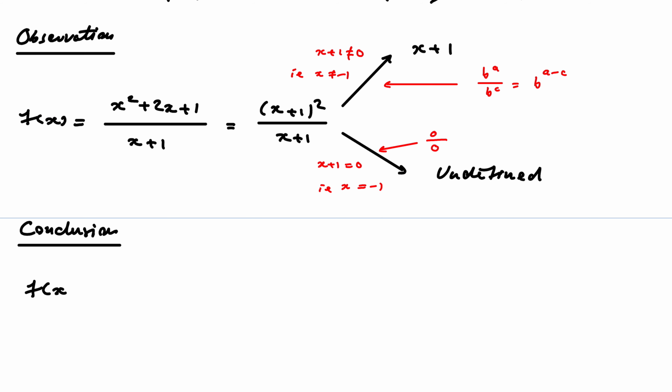So the conclusion is we can write this in a piecewise format, if we want, as x plus 1 if x is not equal to minus 1, and undefined if x is equal to minus 1. So again, it's very important. This is not the same function as x plus 1.